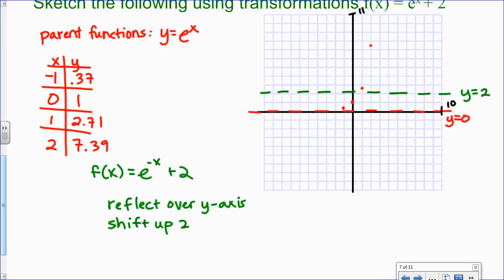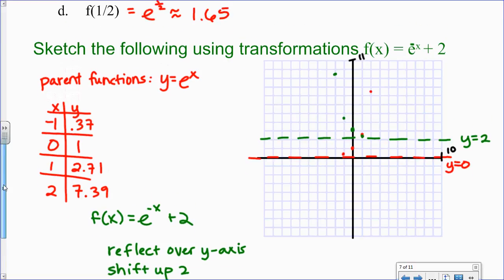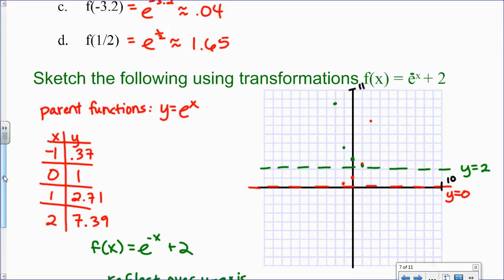Now I'm going to take all of these points and reflect over y and shift them up 2. Okay, so graph, and then make sure you label.